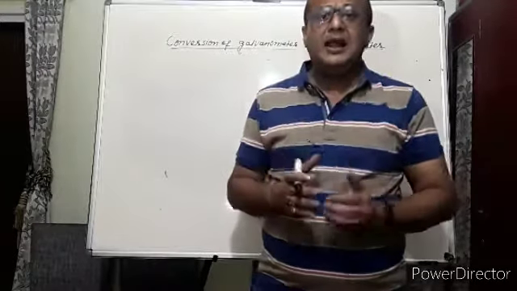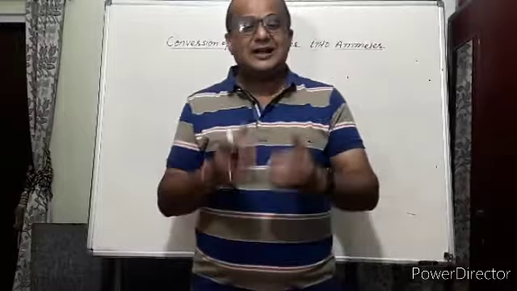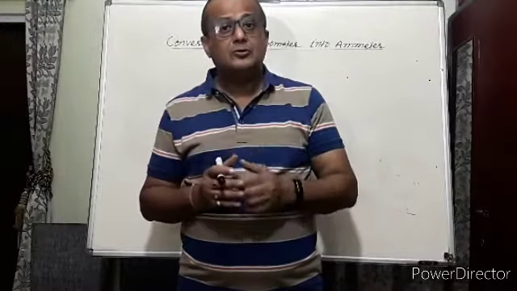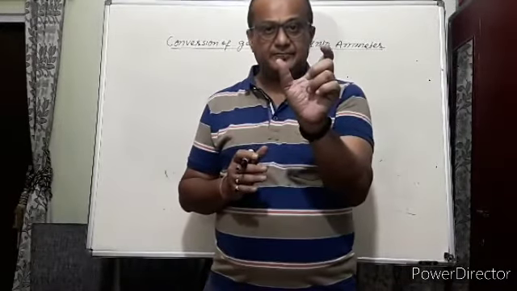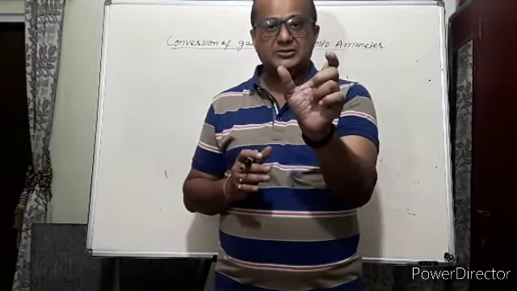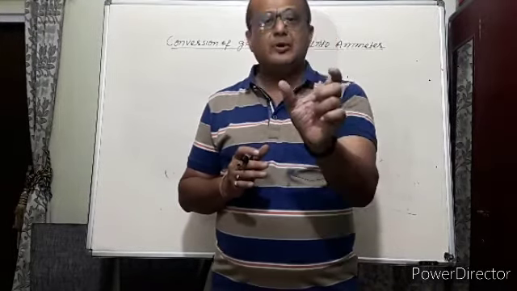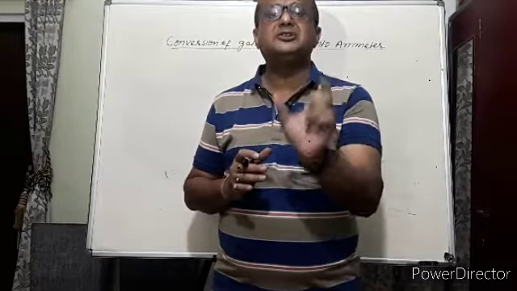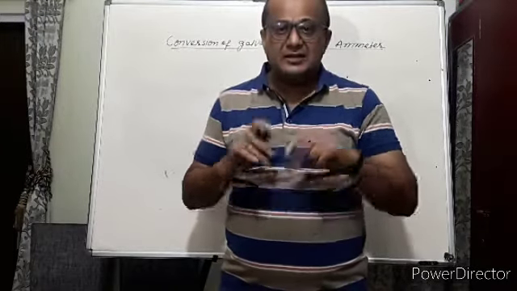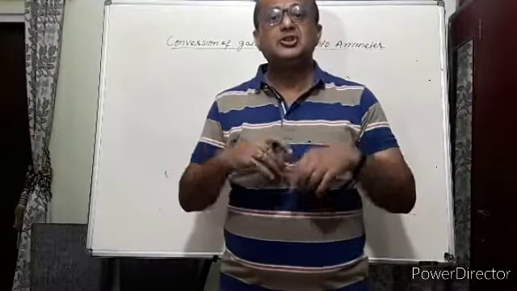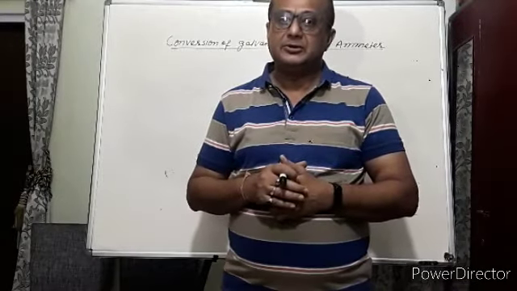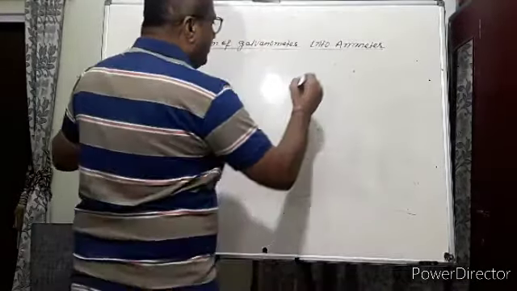When a galvanometer is connected in parallel to a small value resistance, that arrangement is converted into an ammeter. So see, this is the galvanometer.